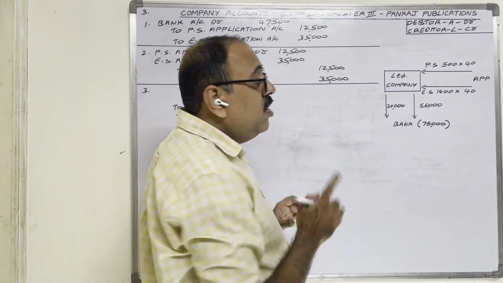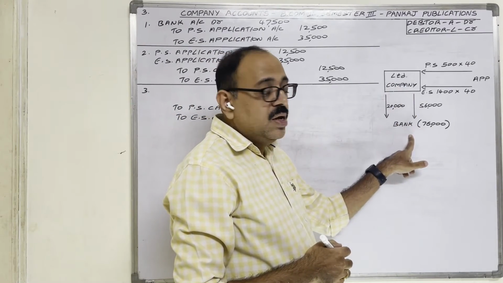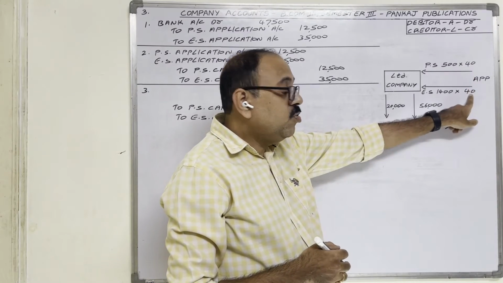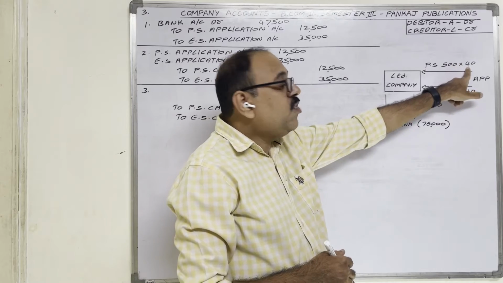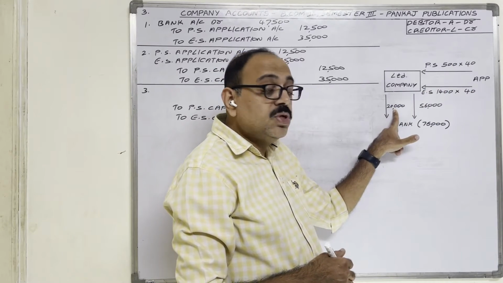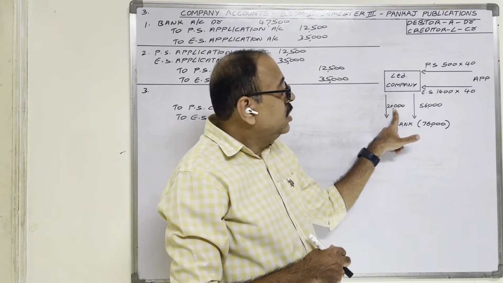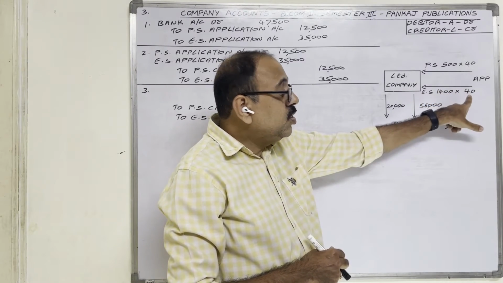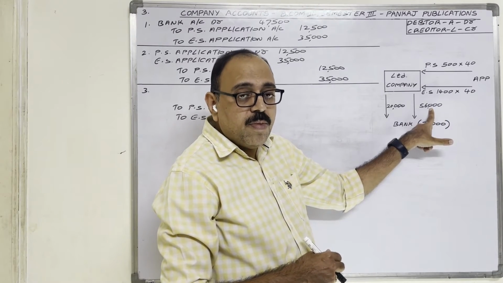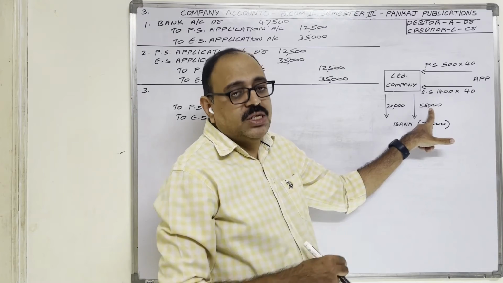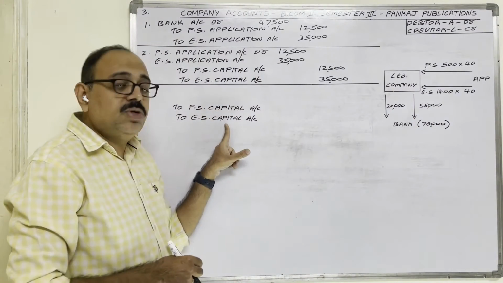On one preference share and on one equity share, the company should receive 40 rupees allotment money. So 500 into 40 rupees, 20,000 should come in the form of allotment on preference shares. 1400 shares into 40 rupees each, 56,000 should come in the form of allotment money on equity shares. These two amounts only we should transfer to capital accounts now.